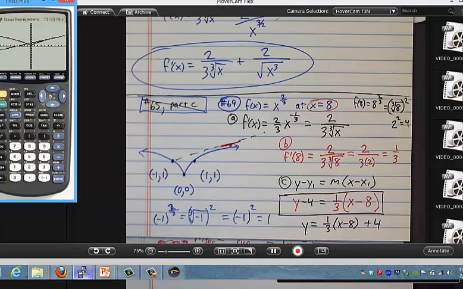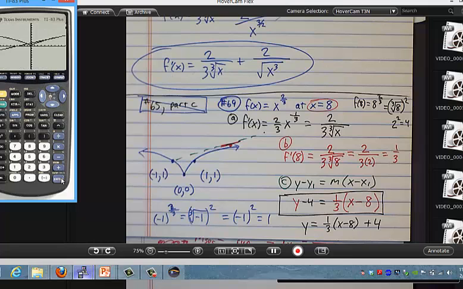I mean, one thing you could do is you could say, hey, where do these things intersect? So if I hit second, calculate, choice 5 is how you get intersection. First curve is the curve, second curve is the line. Do I have a guess? Well, yeah, they intersect a couple places, so I'm going to move over here to the right so that it knows I really want to know where they intersect over here.